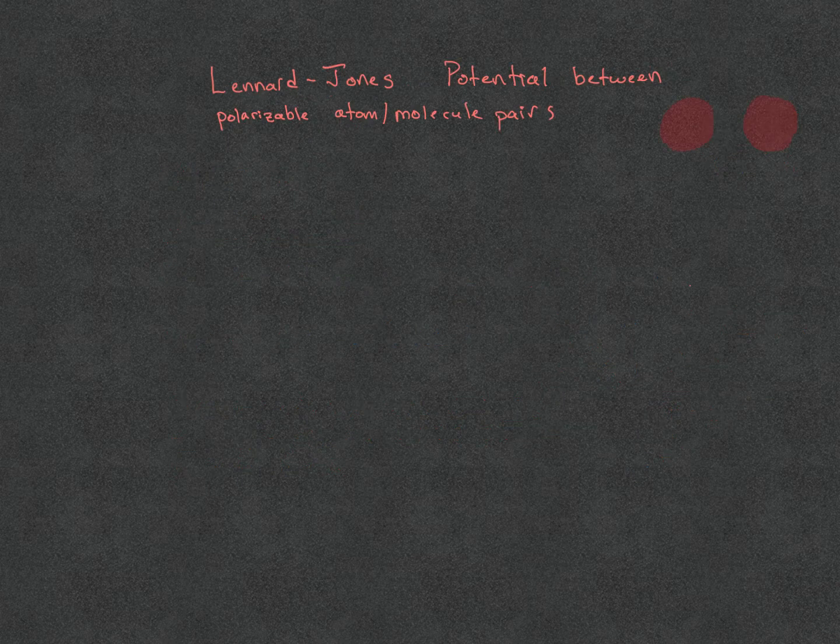Okay, and so the final potential we're going to talk about today is the Lennard-Jones potential. And this is now an intermolecular potential instead of an intramolecular potential. So we're no longer talking about two atoms that are bonded together. We could think about, for example, two noble gas particles.